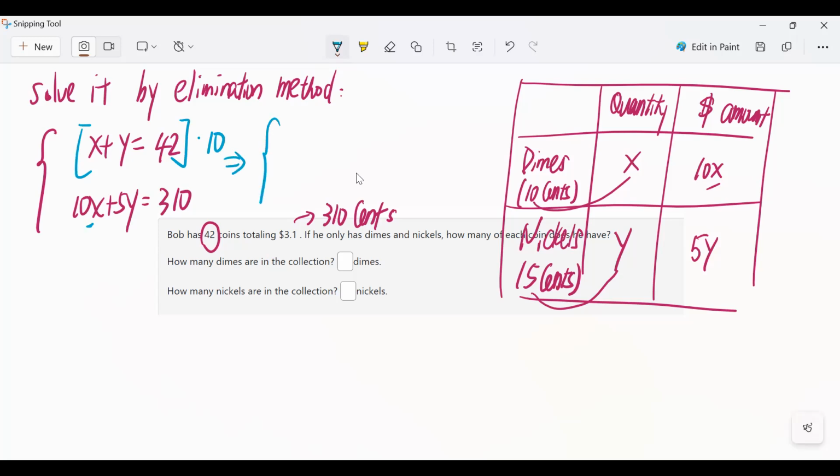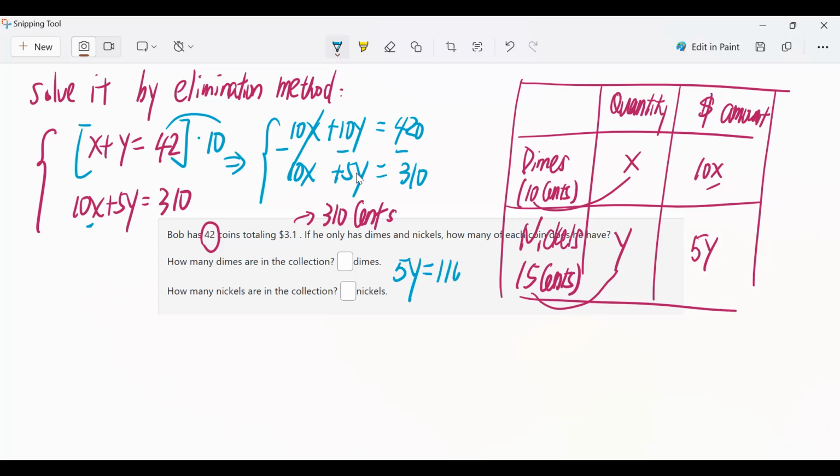The new system is 10x plus 10y equals 42 times 10, which is 420, and 10x plus 5y equals 310. Now we subtract, because the x terms are exactly the same. 10x cancels. 10y minus 5y is 5y. 420 minus 310 is 110.